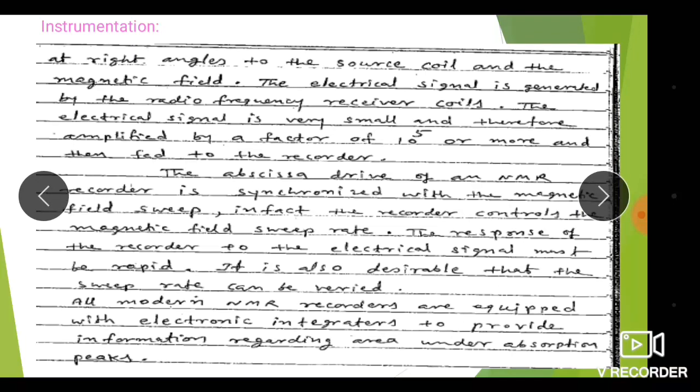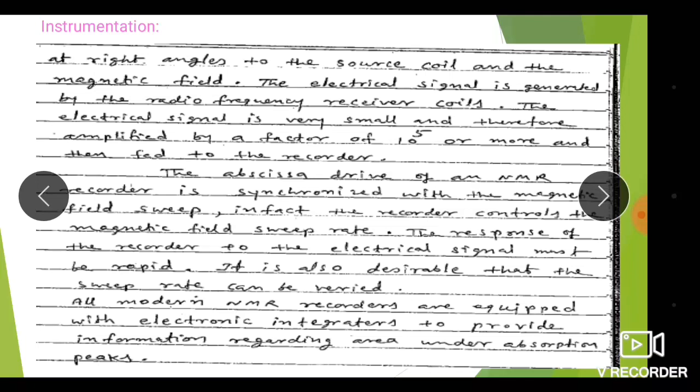The abscissa of an NMR recorder is synchronized with the magnetic field sweep. In fact, the recorder controls the magnetic field sweep rate. So the magnetic field sweep rate is controlled by means of the recorder.